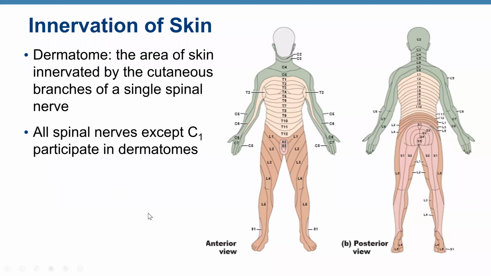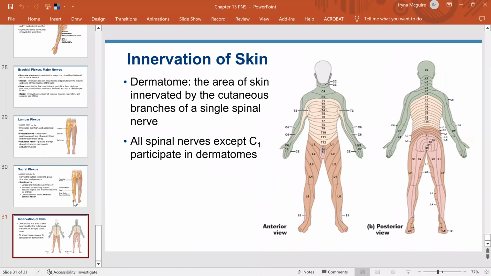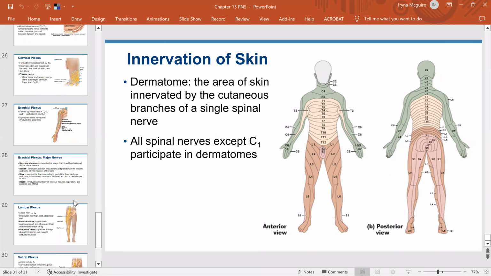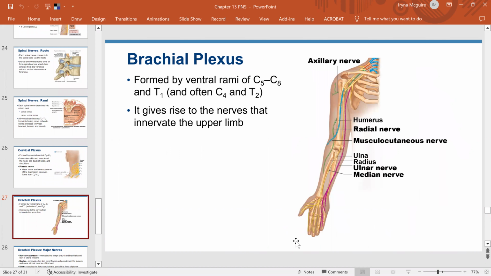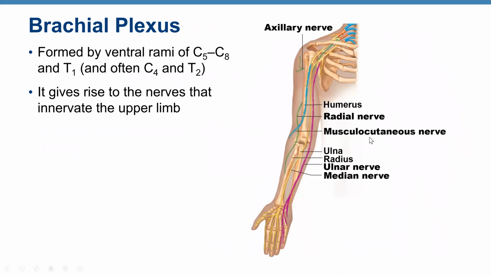Okay, now innervation of skin. Here, what I want to remind you, when we're talking about plexuses, let's look at this plexus one more time, the brachial plexus. So for example, here's my ulnar nerve, right?